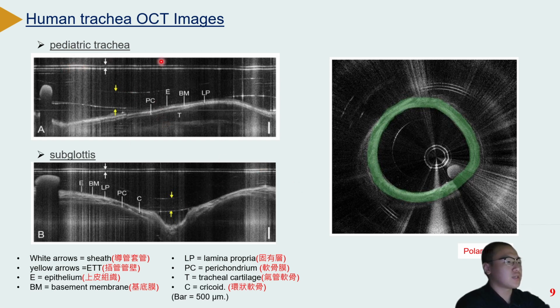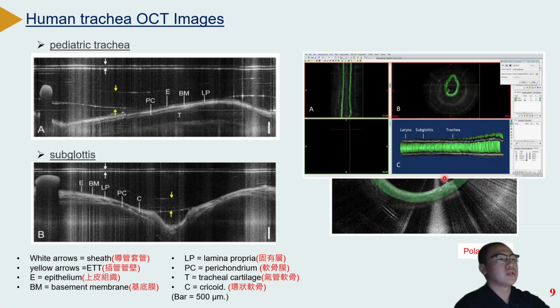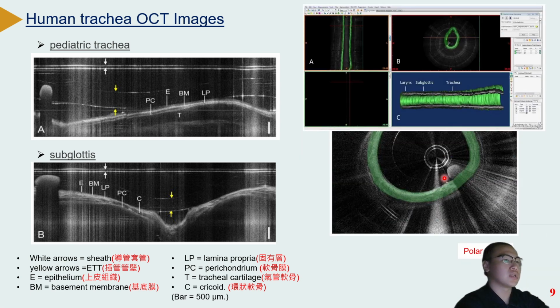In the trachea and the symphysis, we can see the different muscle there. Then when they got the image, it was turned into a polar image to make it easier to watch the trachea. And when they got the polar image, they can put it into 3D model software.